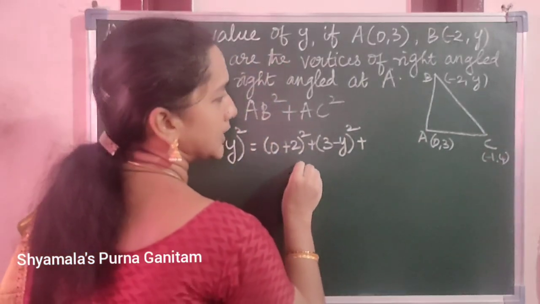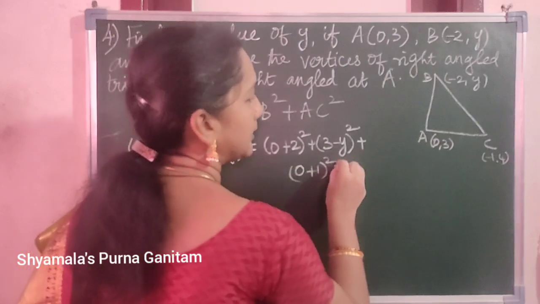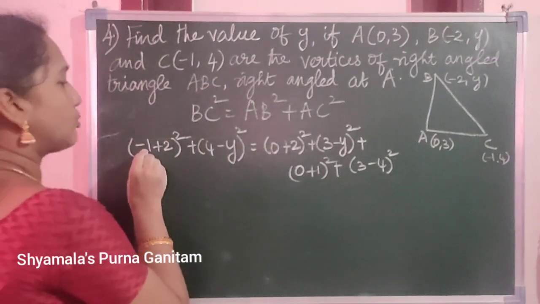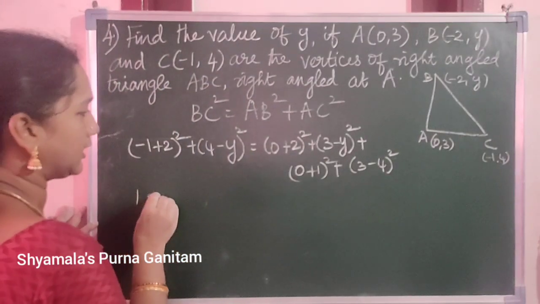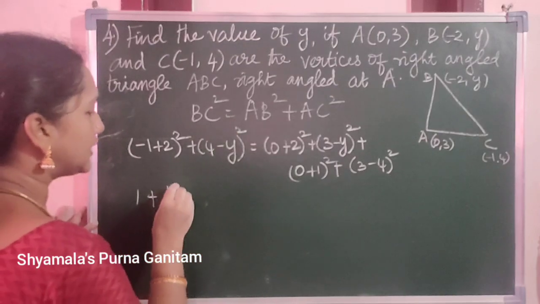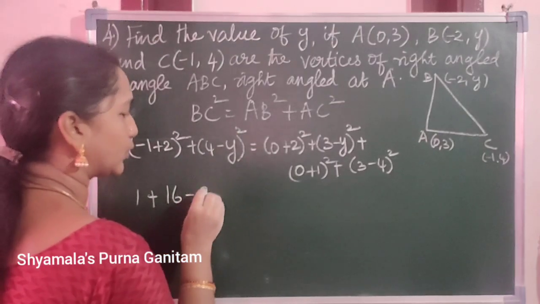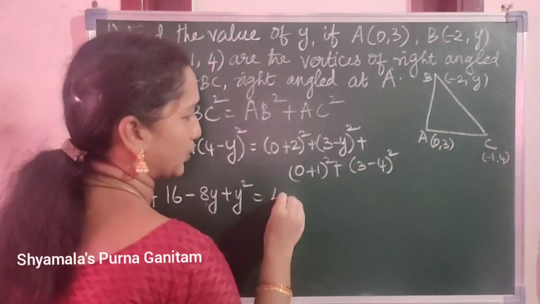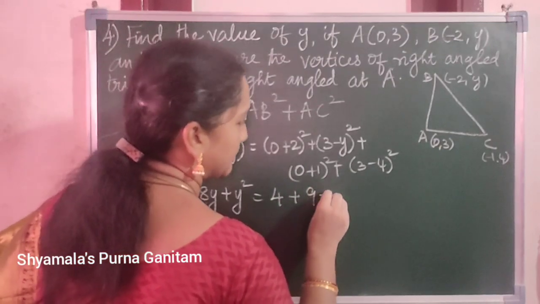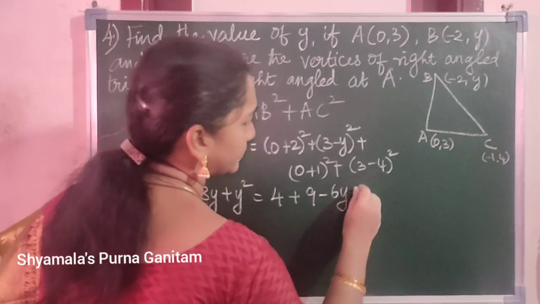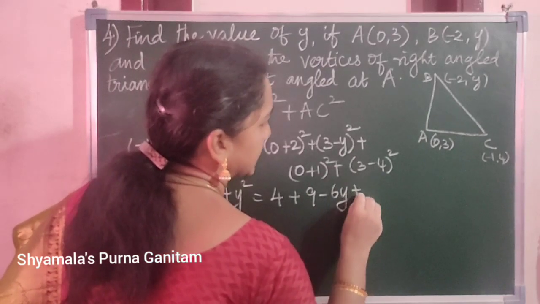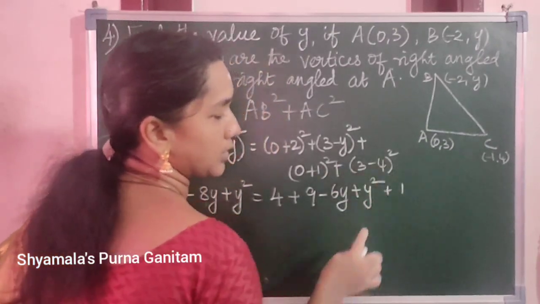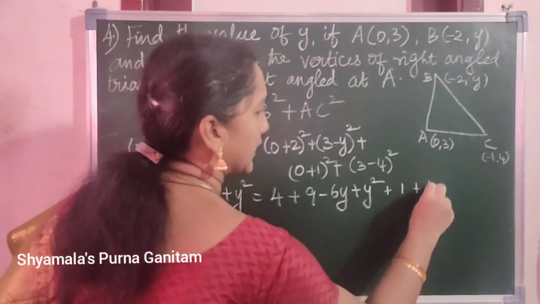So this one will be 0 plus 1 the whole square plus 3 minus 4 the whole square. So this has to be simplified. Minus 1 plus 2 is 1, so this is 1 squared. Plus this one is a minus b the whole square: 4 4s are 16 minus 4 2s are 8y plus y squared is equal to, this one is 2 squared is 4 plus 3 3s are 9 minus 3 2s are 6y plus y squared, plus 1 squared is 1. 3 minus 4, that is minus 1 the whole square, is again 1.